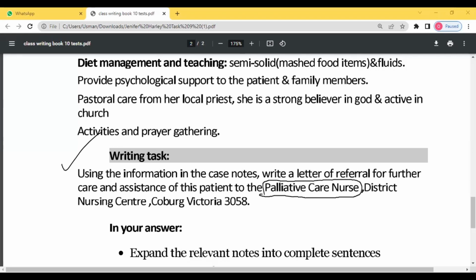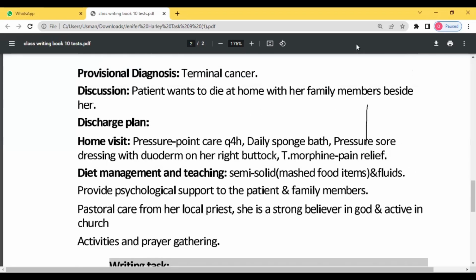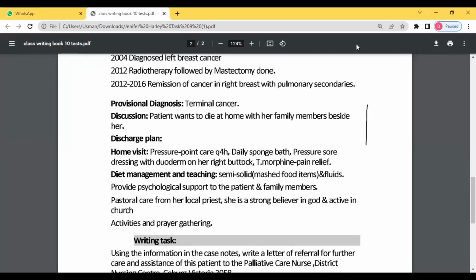But let's say if you got such a letter in the writing task, as per the criteria, we have to see to whom we are writing this letter. The first point is the purpose of writing. So what is the reason for writing? We cannot find this over here. We have to see the last part to have a better understanding.